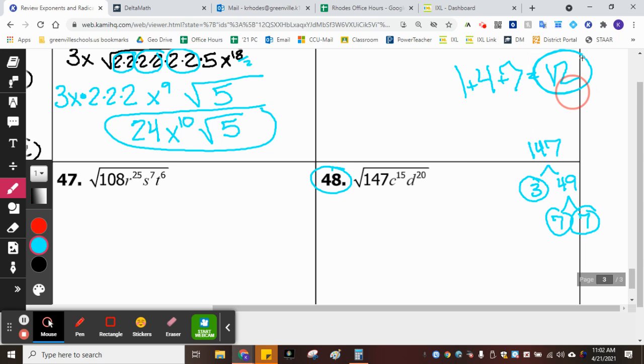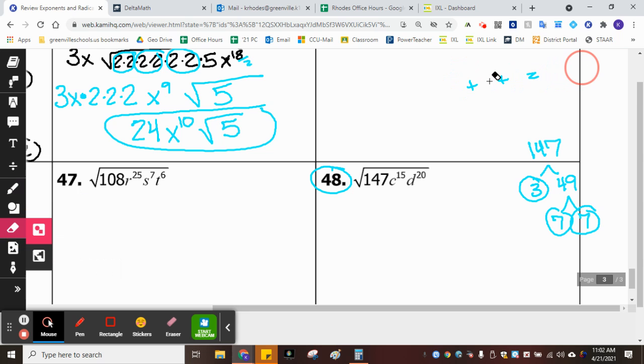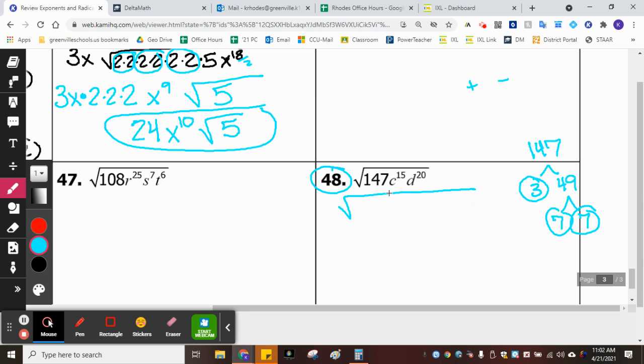Apologize, if the digits add up and give you a number divisible by 3, then the number is divisible by 3. I think that's an odd rule that works for some reason. All right, so we have 3 times 7 times 7. Last one, guys. I think you get it.